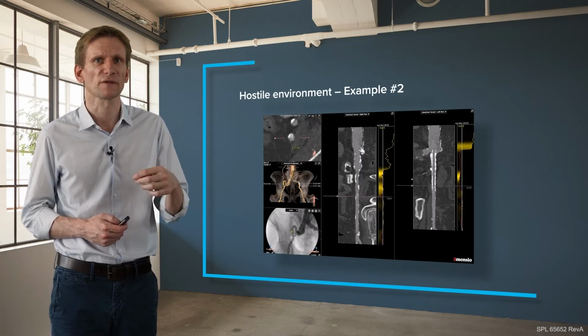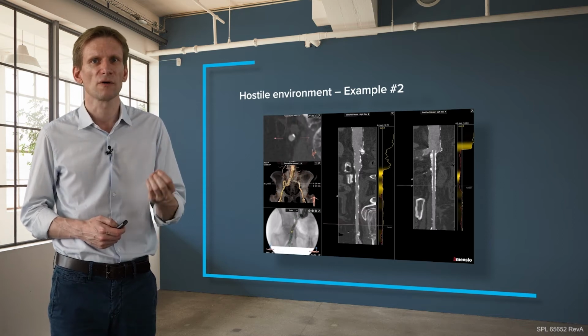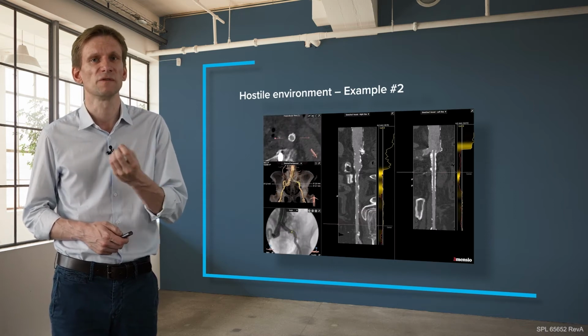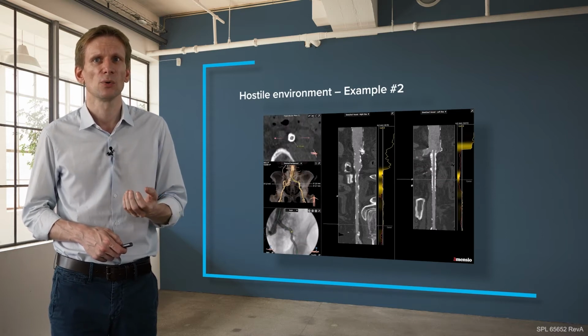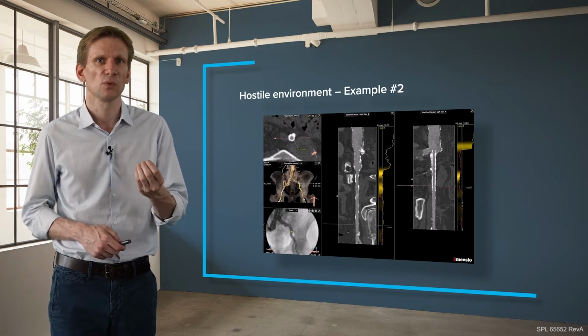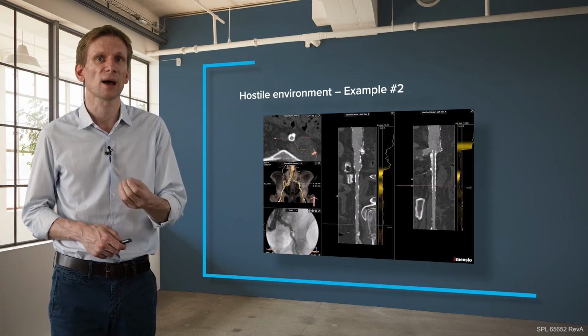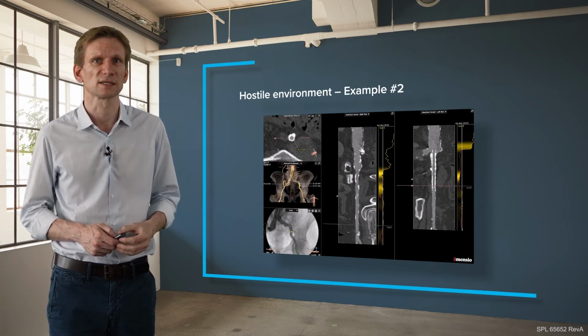There's a combination of calcification and severe tortuosity. So the combination of severe calcification plus severe tortuosity, this is to me a hostile environment where you really have to be careful what you're doing if you would proceed with this case transfemorally, and I would personally look most for an alternative non-transfemoral access.